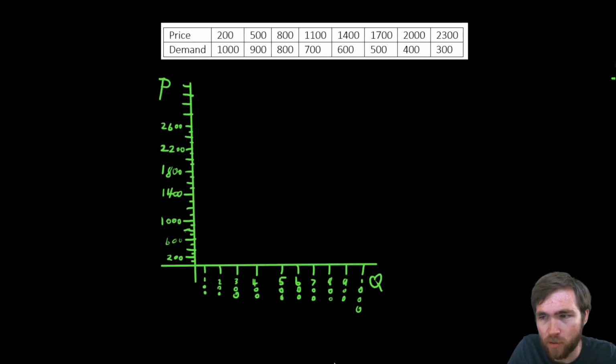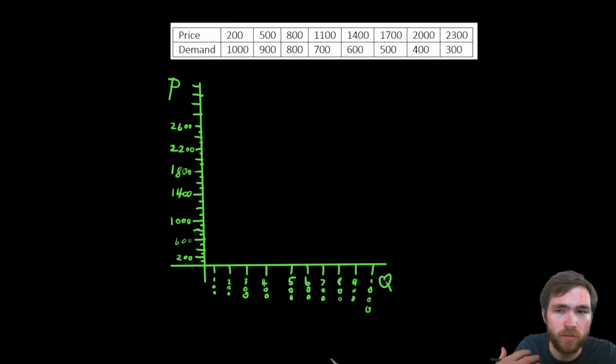And just like with supply, we can represent this with a sort of graph. So if we start at a price of 200, we see that demand is 1,000, so putting us somewhere out here. And let's do a middle point. If the price is 1,100, then we can see the demand's about 700.